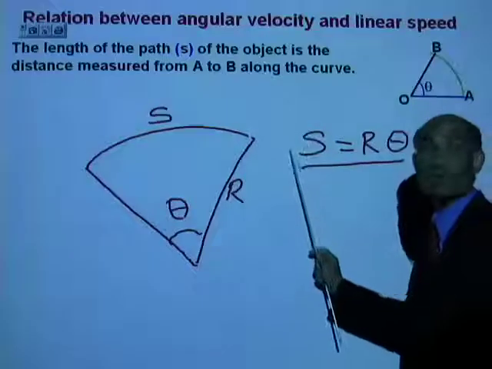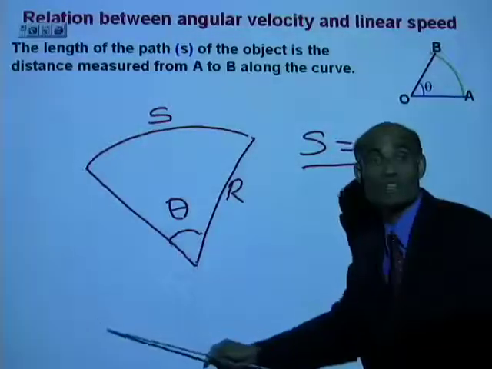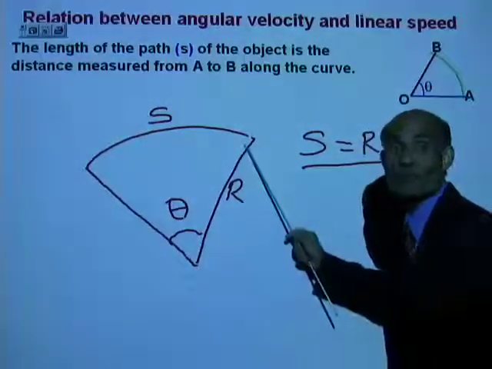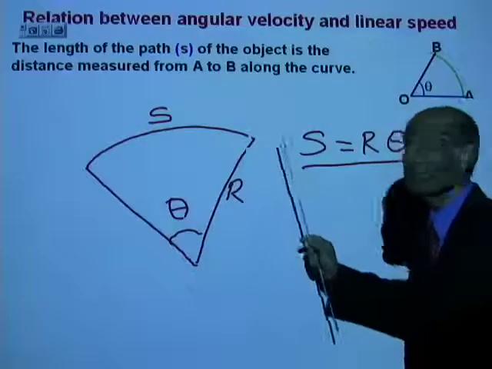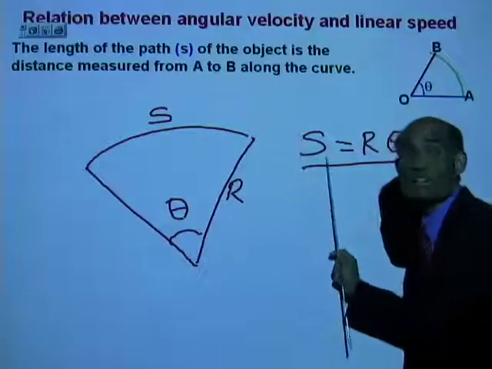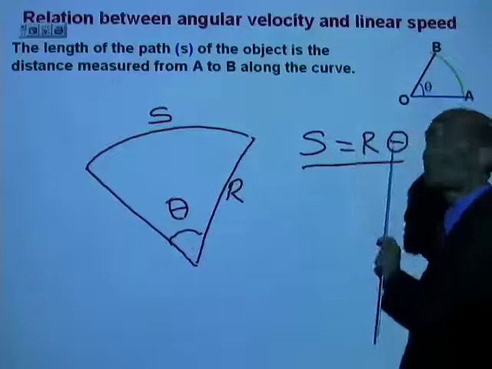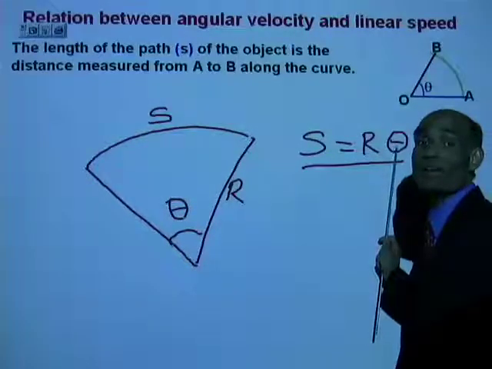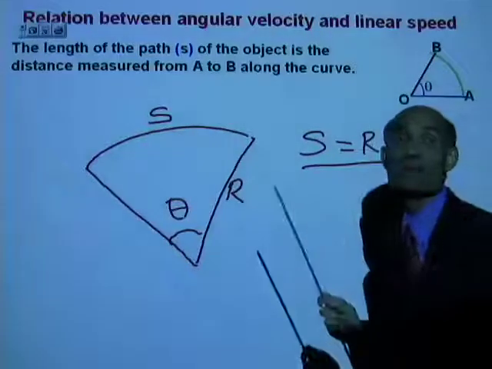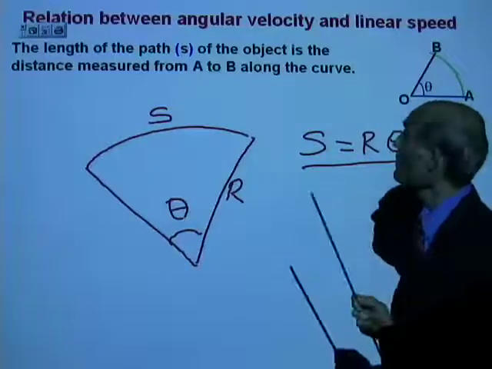Then the length of the arc will be the circumference of the circle. So the circumference of a circle is this length S when the angle theta is 2 pi. So that will be 2 pi multiplied by R.